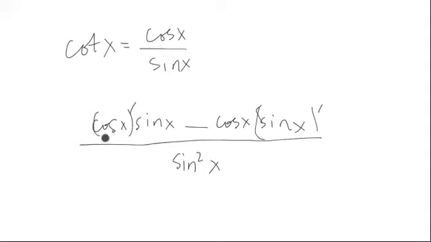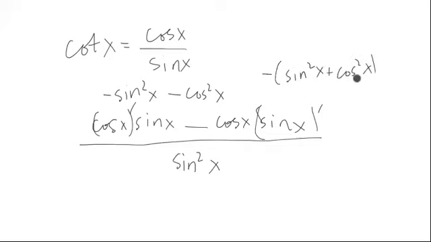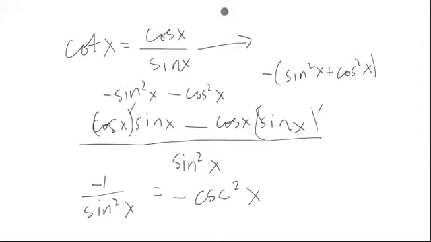Now in this case, the derivative of cosine is negative sine, so we end up getting a negative sine squared here. Over here, the derivative of sine is just positive cosine multiplied by that, so it's just minus cosine squared. So the top looks like negative sine squared x plus cosine squared x, which is just equal to negative 1. So we get negative 1 over sine squared, which is the same as negative cosecant squared x. So that means the derivative of cotangent is negative cosecant squared x.